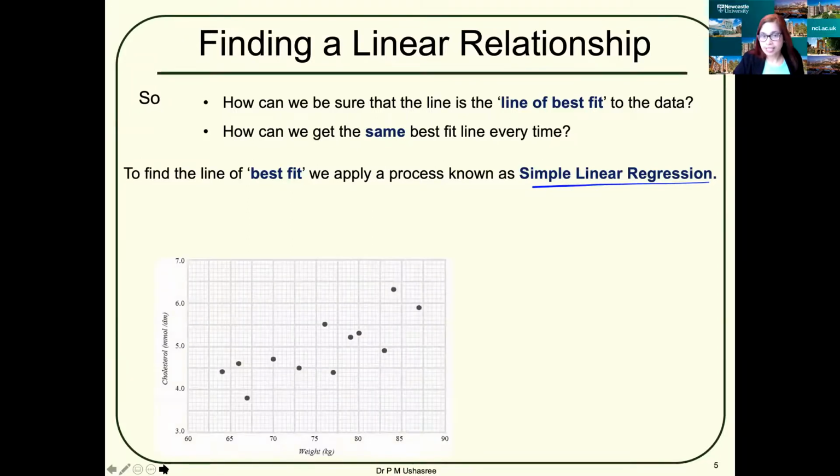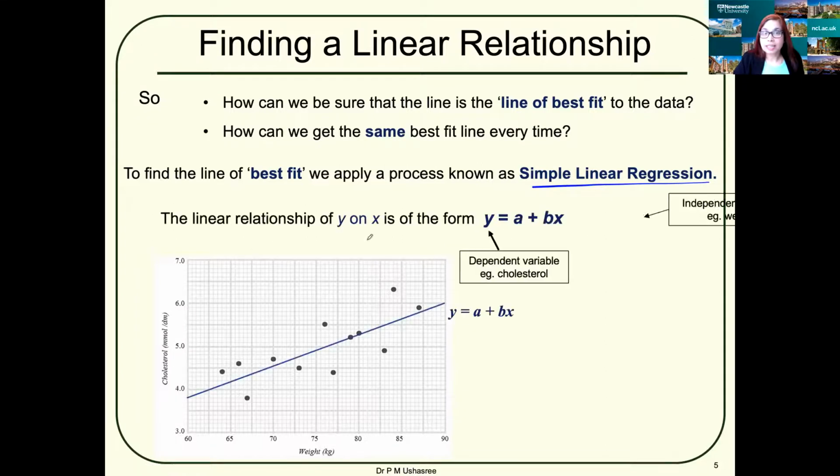So let's go back to the same example. The linear relationship of y on x is of the form y = a + bx. It is similar to the one which you saw in semester 1 in mathematics, where you had y = mx + c.